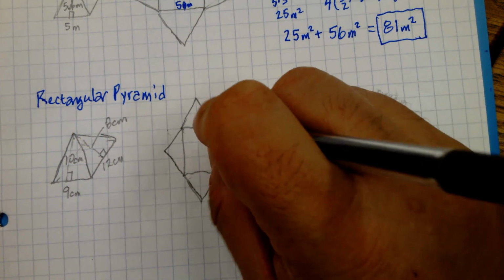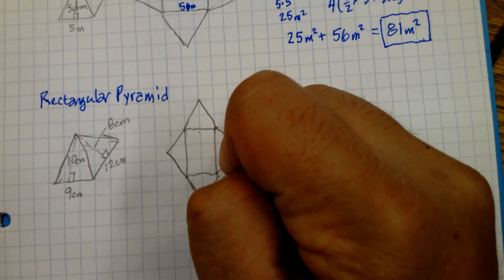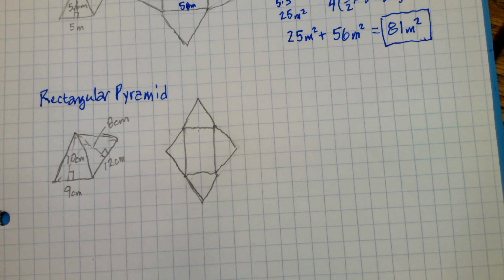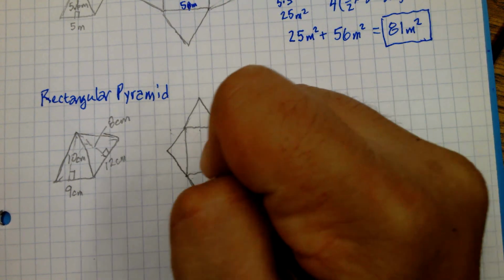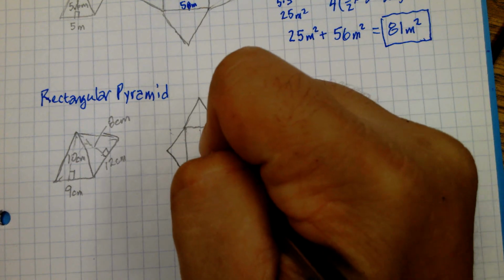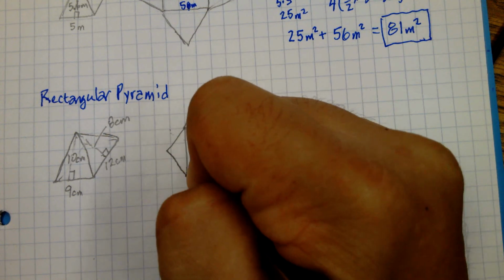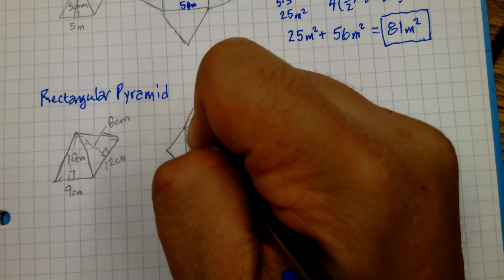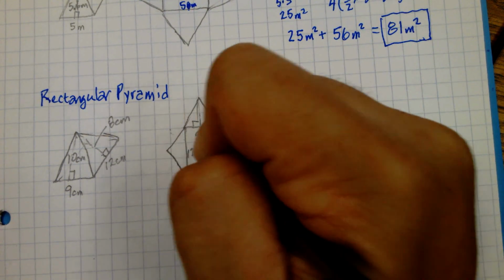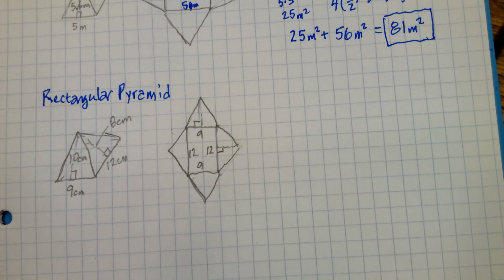This one's a little bigger than the other. So here's my net to represent this. Let's write some dimensions. So let's see, this is going to be 12. This is going to be 9. So this is 9 and this is 12. So it would look like that.